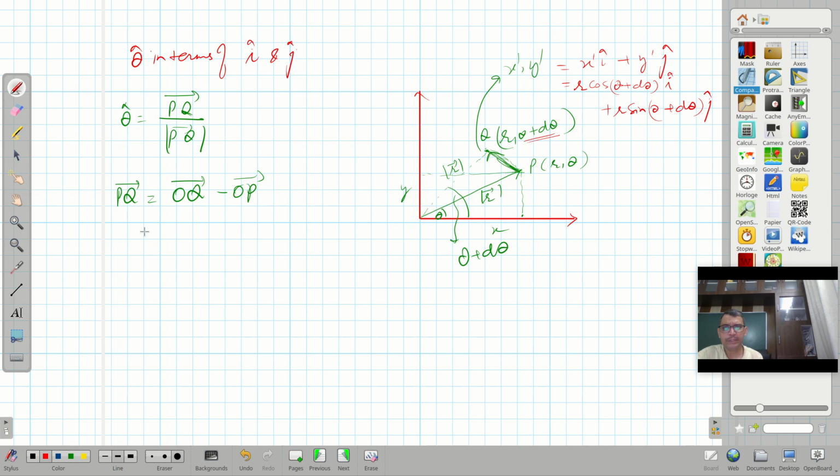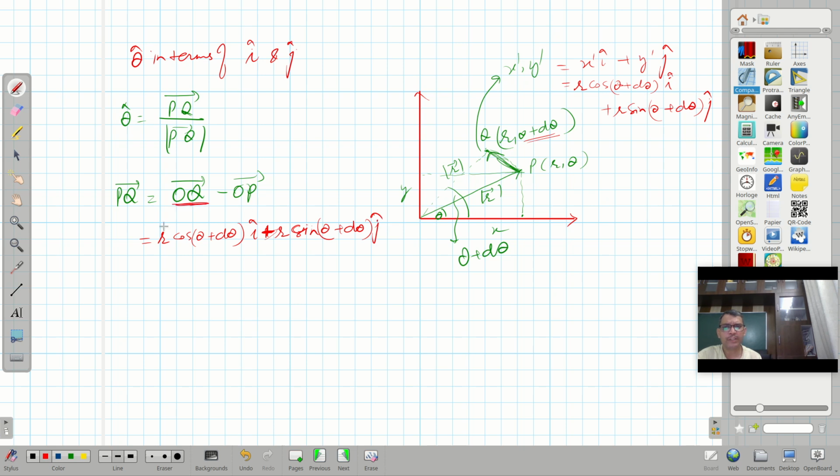So I can write this OQ as r cos of theta plus d theta i cap plus r sin of theta plus d theta j cap.